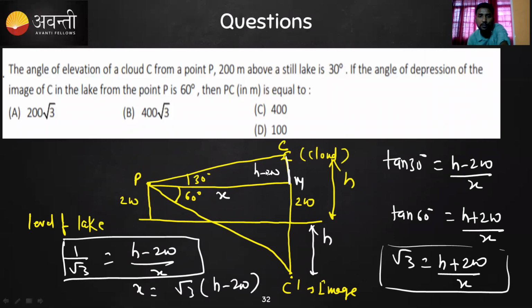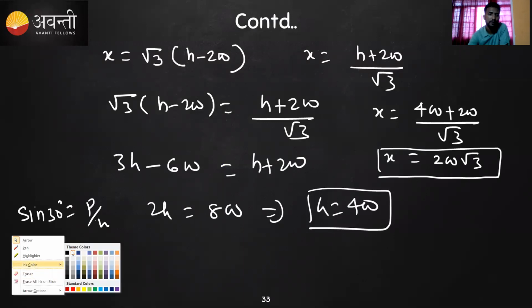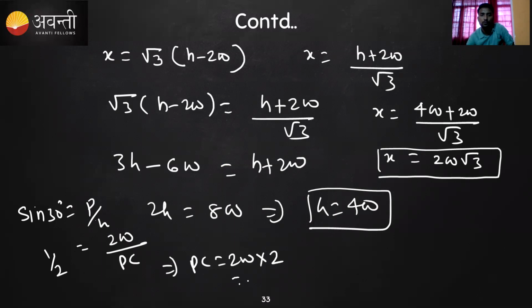P value is nothing but 200. So it is 200 and it is 1 by 2. And h value is basically PC, because hypotenuse is PC, so it is 200 into 2. So it will be 400. So 400 will be the value of PC.